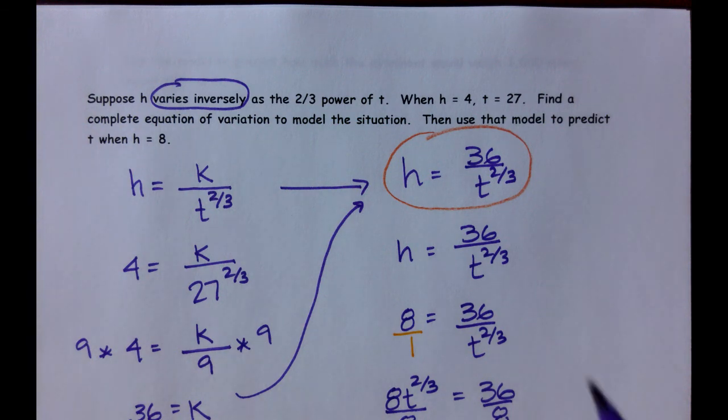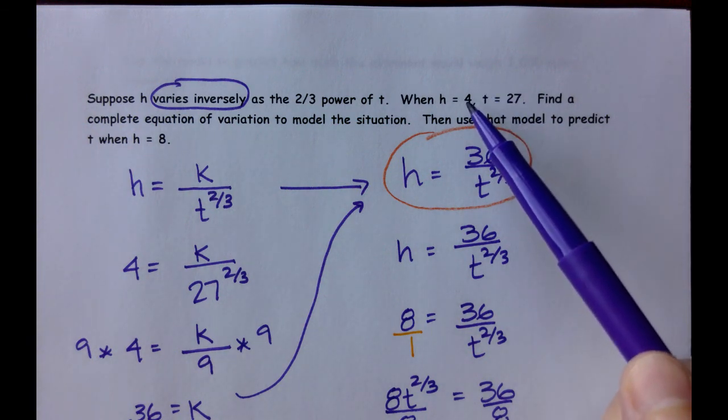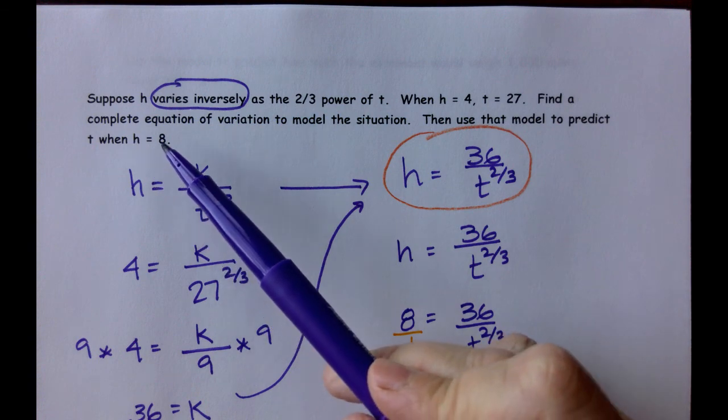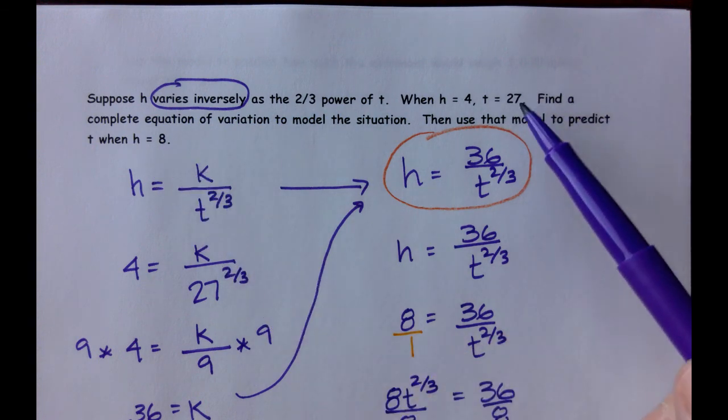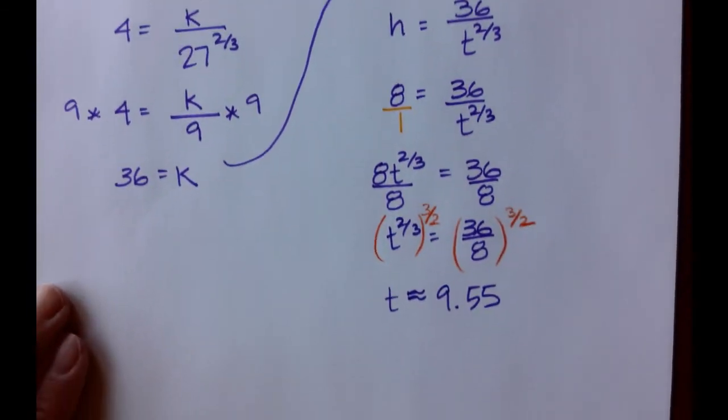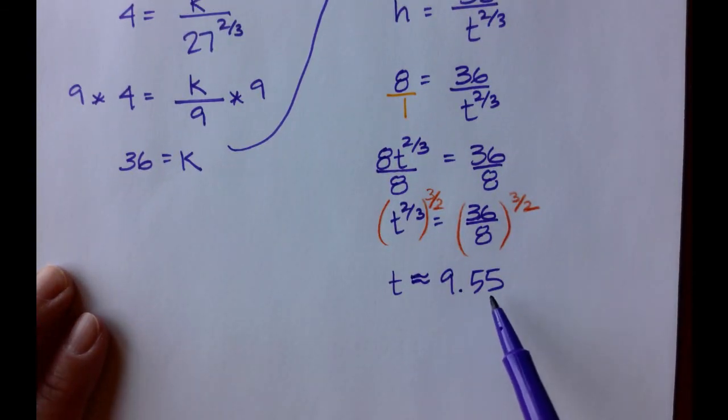So in ours, h increased from 4 to 8 in the problem, and that means that the t value should decrease. T was 27 to start with, and we just found that in the end, t was approximately 9.55. So we've gone the right direction. Things seem reasonable.